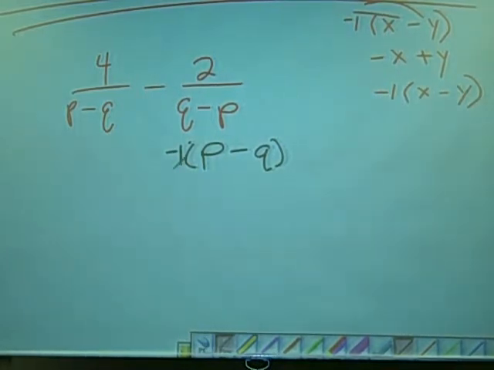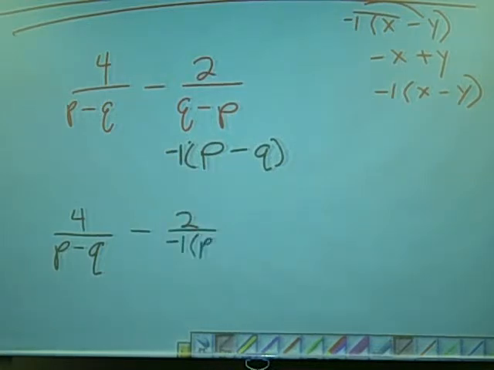All right? So this is what we've got. Now you see how we have a -1 here and a negative here? 4 over P minus Q minus 2 over -1 times P minus Q. Well, what happens when we got negative over a negative?